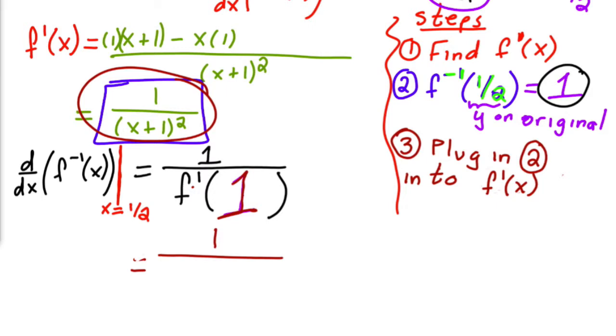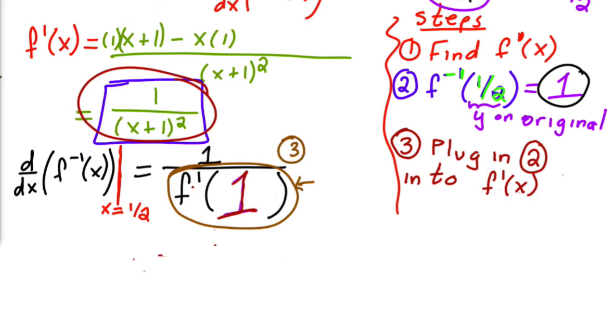Okay. So over here, what I'm going to do is find f prime at 1. So f prime at 1, so right here, this is step 3 that I'm doing. I'm plugging 1 into this guy, so that would be 1 over 1 plus 1 squared, which is 1/4. Okay.